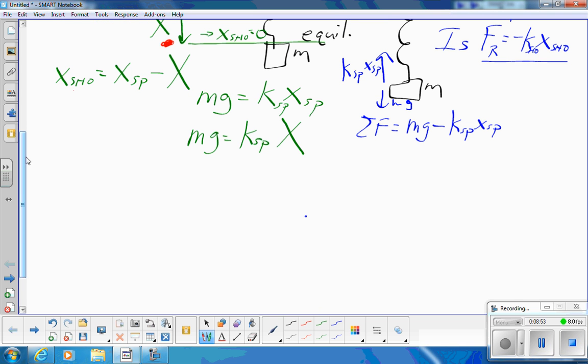The first one I'm going to do is, conveniently, I see over here from our analysis of equilibrium position that mg is equal to k_sp times that constant X, which is how far the spring stretches at equilibrium.